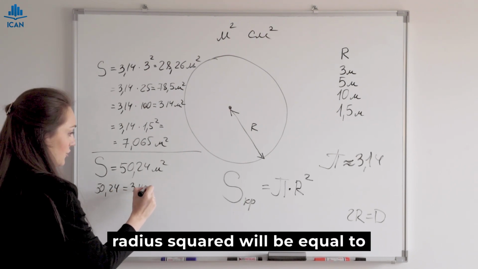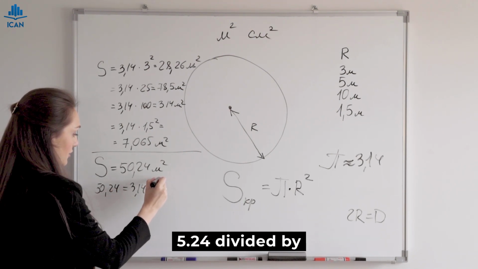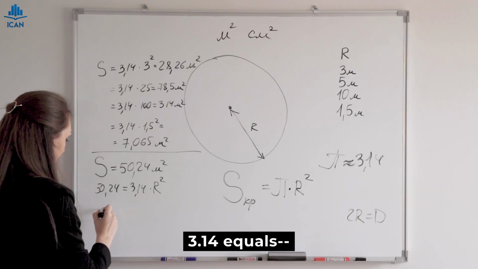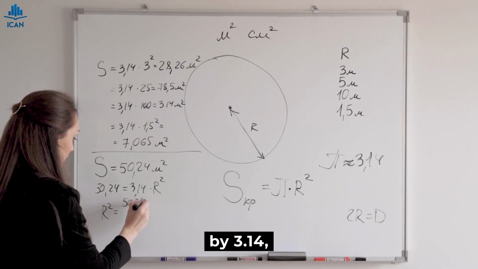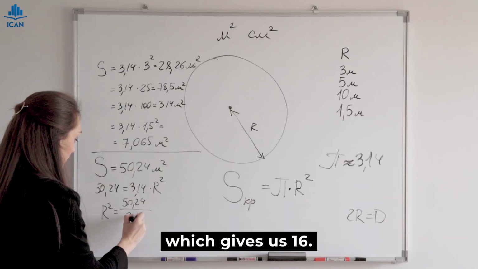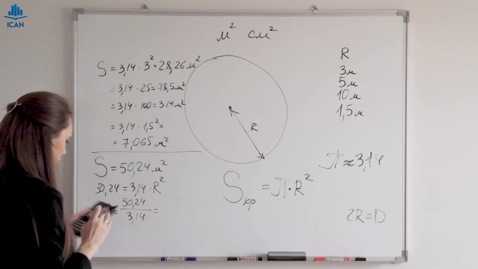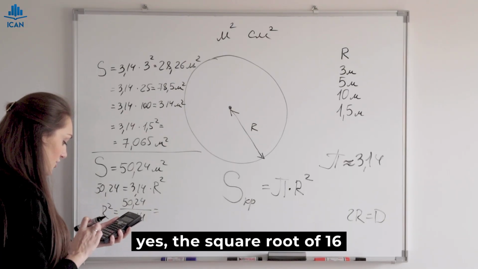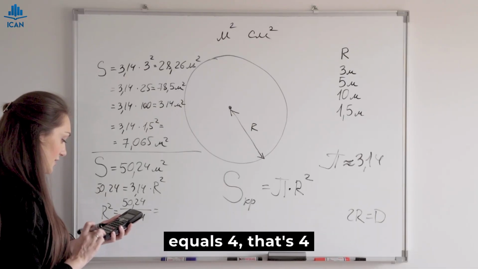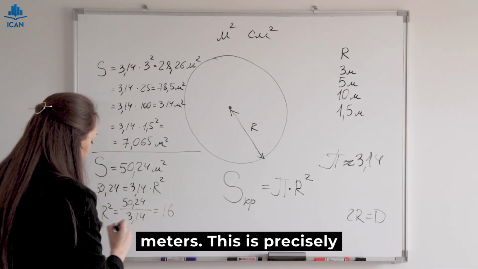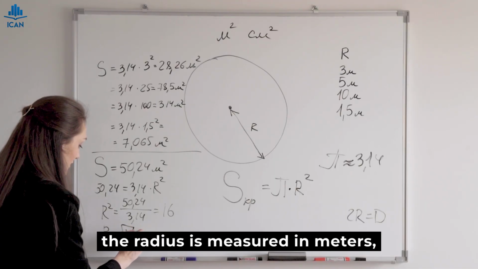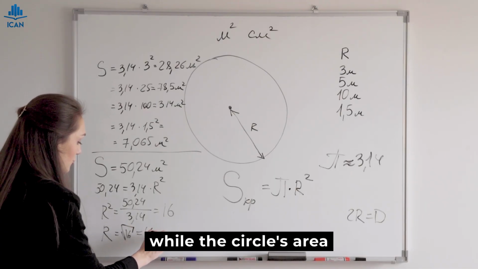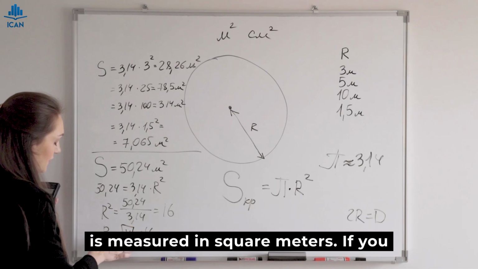So the radius squared will be equal to 5.24 divided by 3.14, which gives us 16. And this gives us the square root of 16 equals 4. That's 4 meters. This is precisely our measurement in meters. So the radius is measured in meters, while the circle's area is measured in square meters.